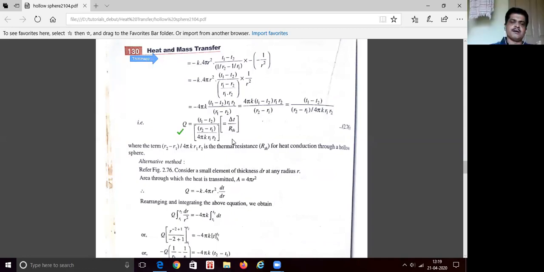So in all equations, whether it is a plane wall or plane composite wall, a cylinder or a composite cylinder, a sphere or a composite sphere, the only thing is the thermal resistance will change to some extent, and you should remember all those formulas to calculate the heat flow in one direction, because in this chapter we are dealing with only one dimensional heat equations. The other two dimensions we are not taking into consideration.